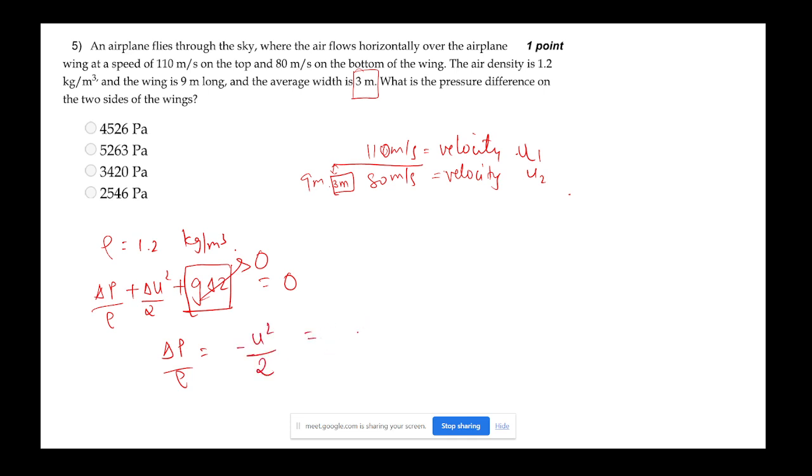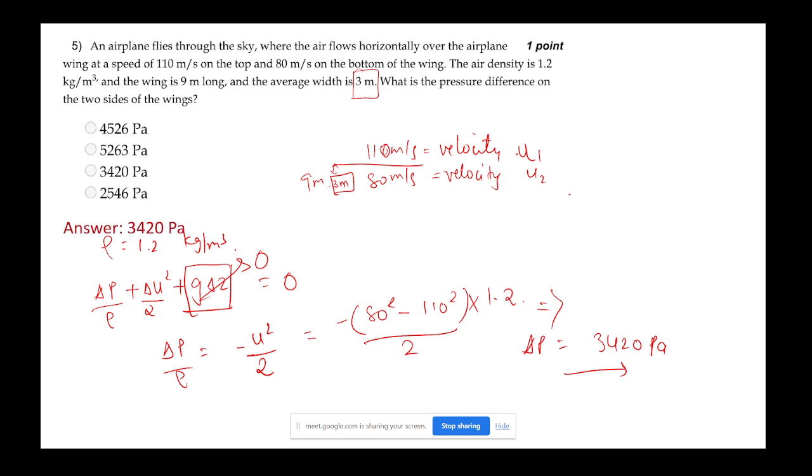If you calculate, it is 80 square minus 110 square divided by 2, minus of this, into 1.2. Now if you calculate this, the pressure difference across the wing will come out to be 3420 pascals. Everything is in SI, so delta P will be in Pascal.